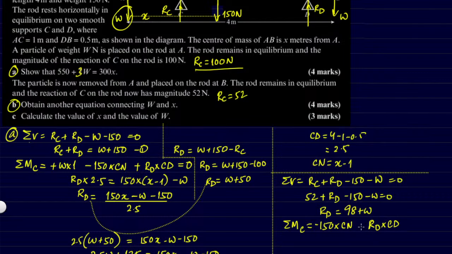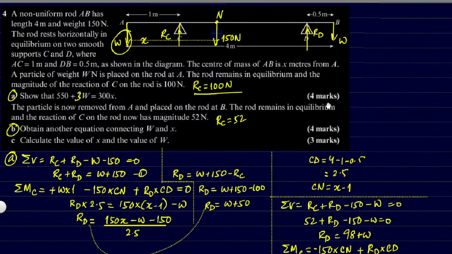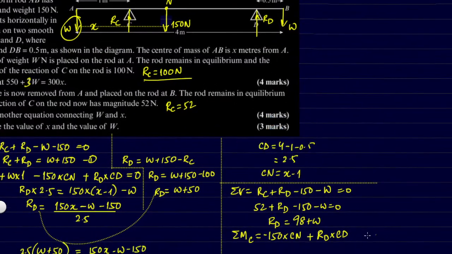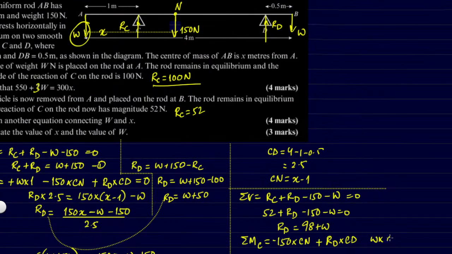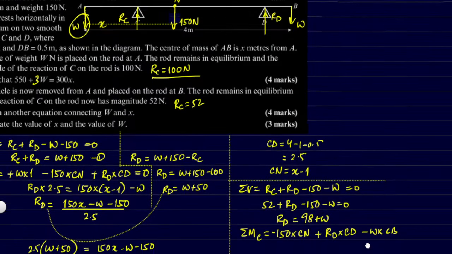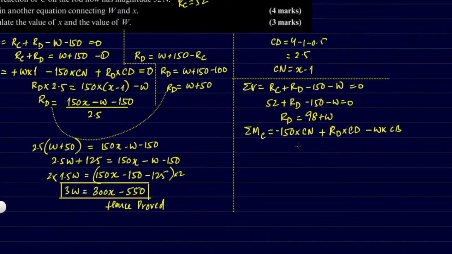This is anti-clockwise, so plus. And then W into CB. This one is clockwise, so negative.